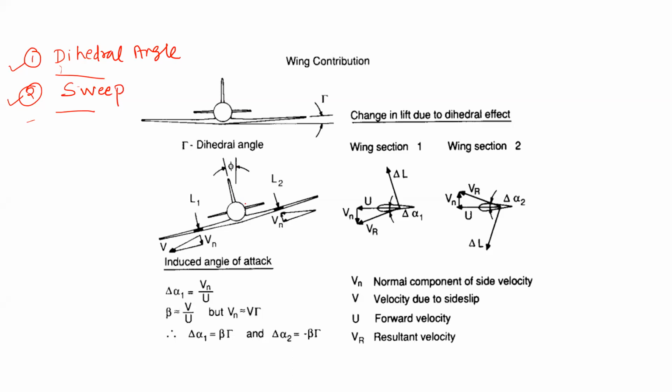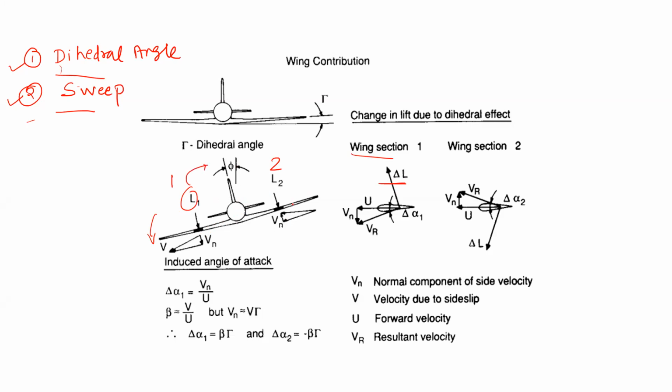First, if you see in this photograph, it's a low wing and the aircraft is trying to roll to one side. What this photograph shows is that on this side there is an extra lift on wing section 1. This is wing section 1, this is wing section 2. On the side to which the aircraft is rolling, some extra lift is developed, and that extra lift is going to bring it back.